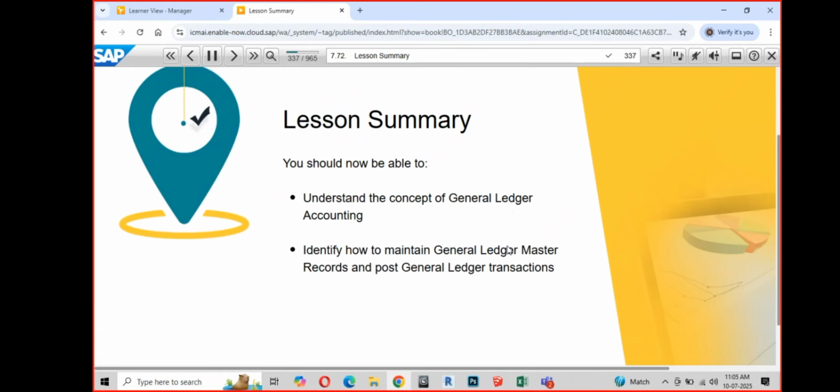Okay. So this was the summary of what we did yesterday. Understanding the concept of general ledger and identifying how the general ledger master records post. We have still not seen the posting of the general ledger transaction, that is creating the transactions in the SAP system.